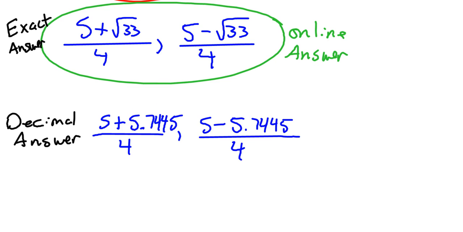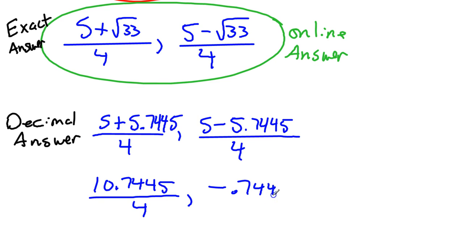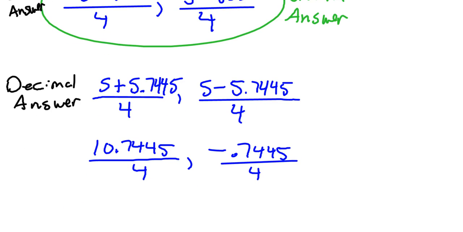So if you do this, you've got what, 10.7445 divided by 4. This one, when you subtract, you get negative 0.7445 divided by 4, and somebody help me out with those 2 answers there. We go to 2 decimal places.